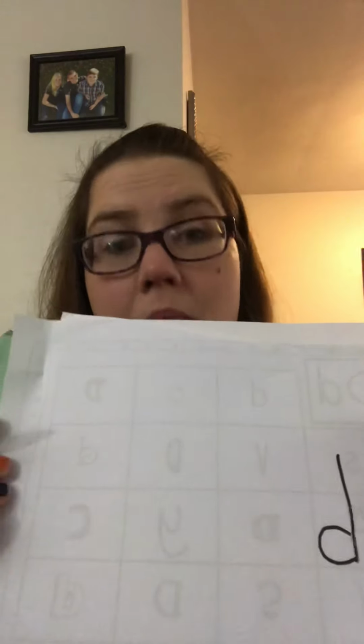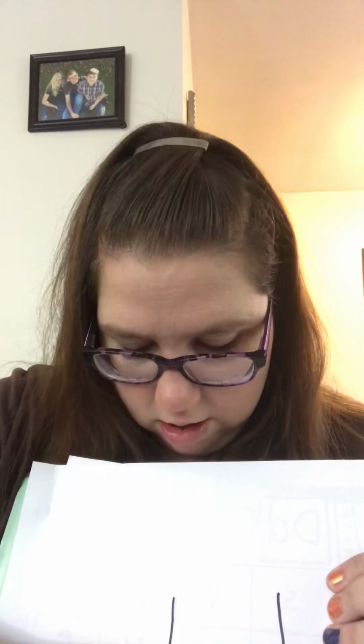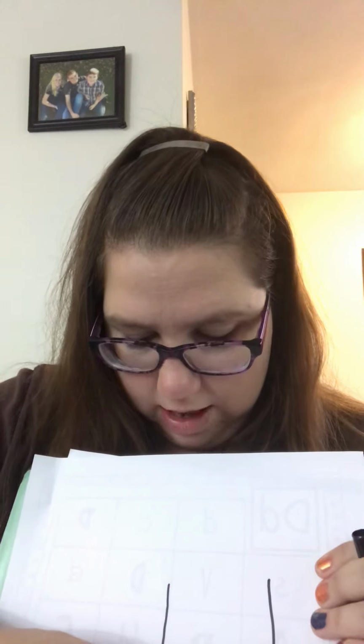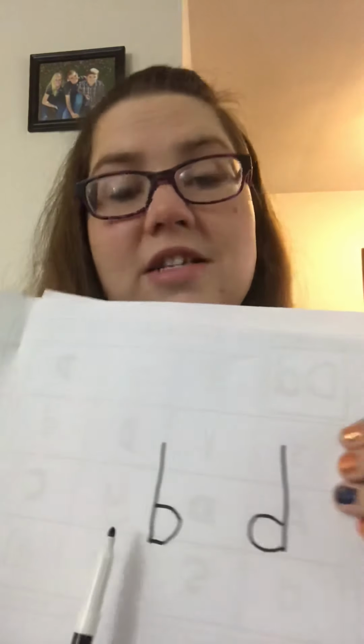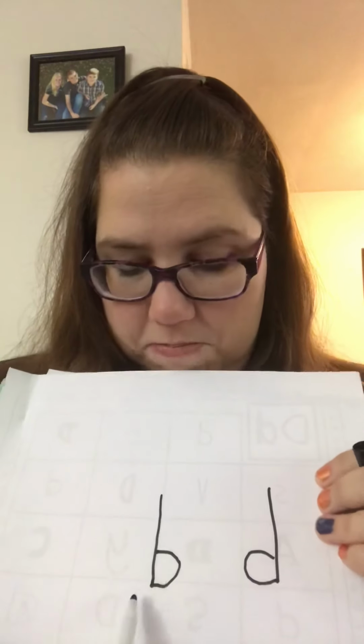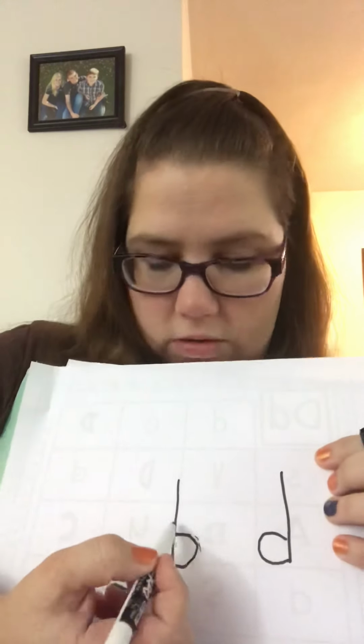But you know what gets confusing is when you see a lowercase b. Because a lowercase b goes lie down in a belly. Do you see how they look the same? But they are different. The b's belly, the little curved line, goes in like a belly.